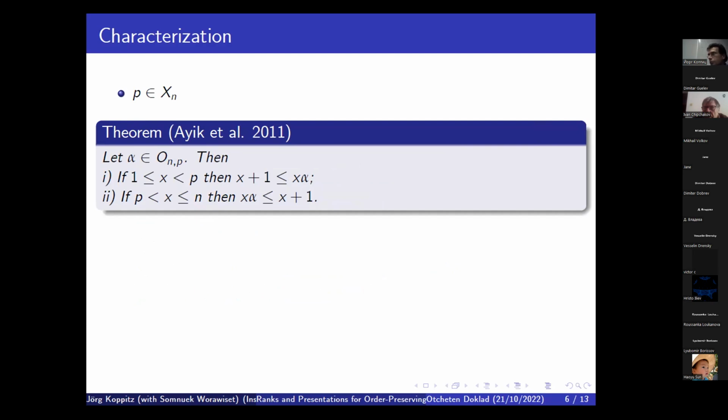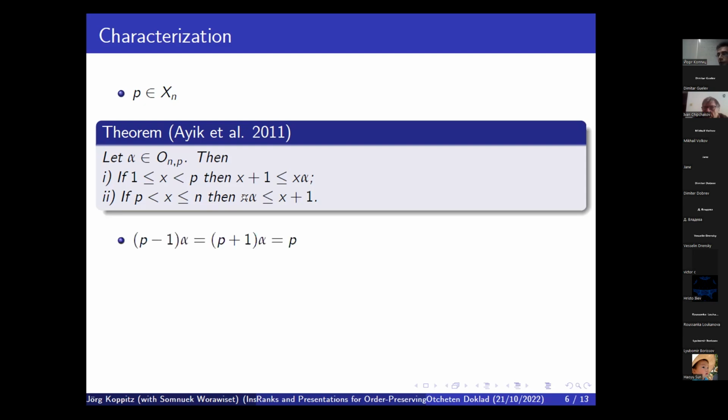It is not hard to see, but it is very useful to notice that the elements which are smaller than P have an image which is properly greater than the input, and the elements which are greater than the fixed point have a properly smaller image than the input.